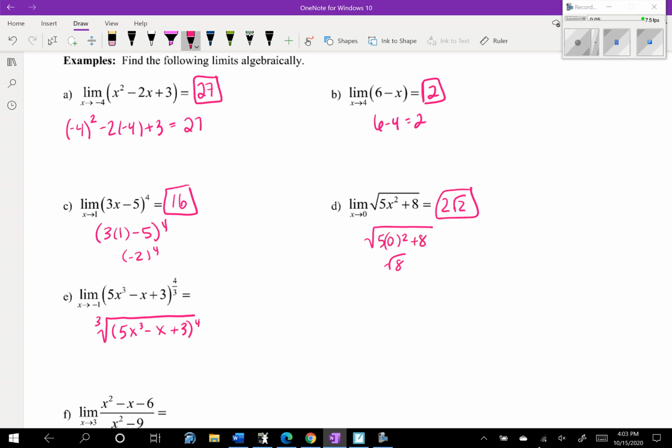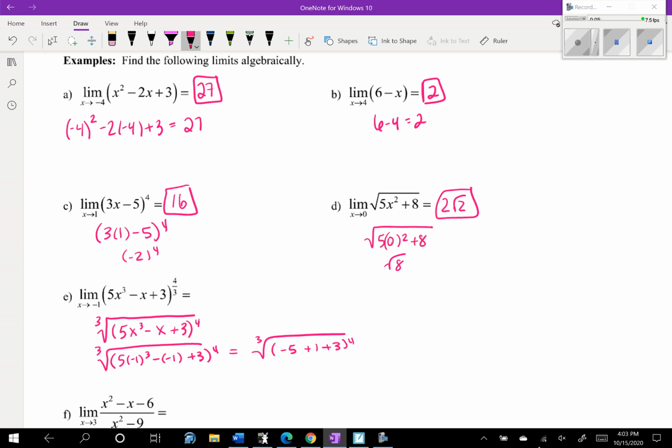So that means if we plug -1 in, we should get our solution. When I plug -1 in here, I get the cube root of 5 times -1 cubed minus -1 plus 3, all to the fourth power. -1 cubed is -1, times 5 gives us the cube root of -5, and then minus -1 becomes +1, plus 3, all to the power 4.